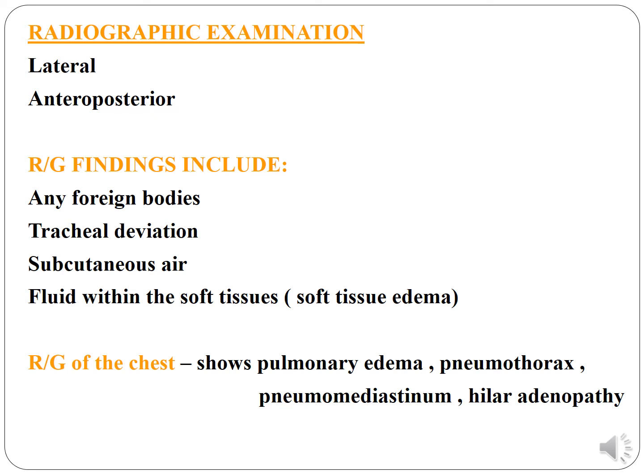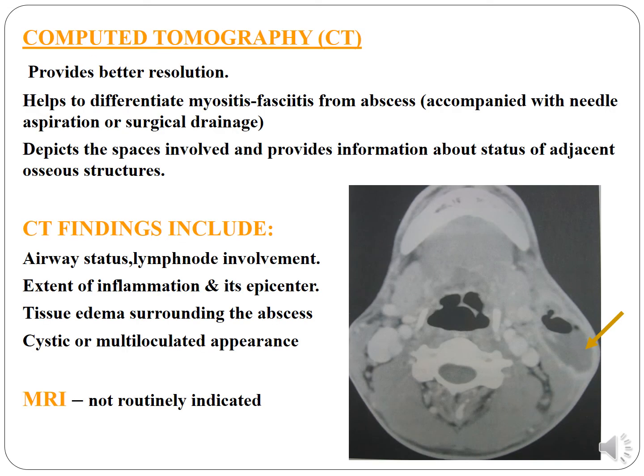In case of any mediastinitis, it can show pulmonary edema, pneumothorax, pneumomediastinum or hilar adenopathy. So CT will tell you about the extent of spread of the infections, and MRI is not routinely indicated in these cases, only if you are going to study the space. CT findings will show the airway status, lymph node involvement, and extent of inflammation, and all these things you can see.